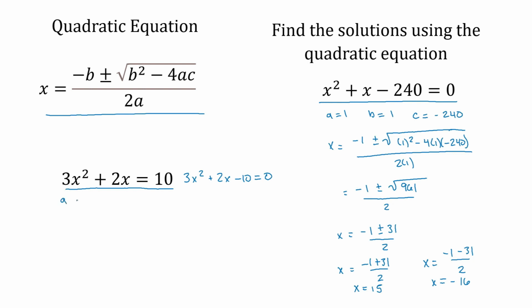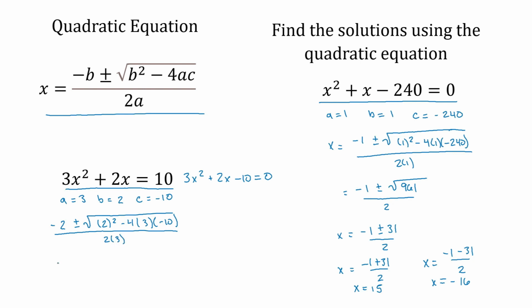So for this quadratic, my a equals 3, my b equals 2, and my c equals -10. Let's plug into the equation. This gives me -2 plus or minus the square root of 2 squared minus 4 times 3 times -10, all of this over 2 times 3.